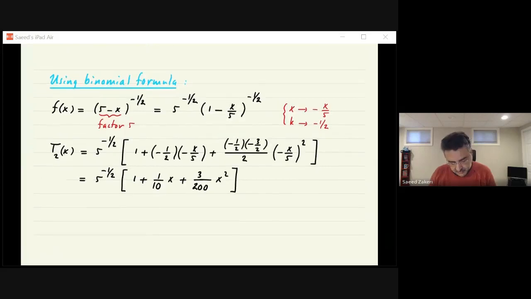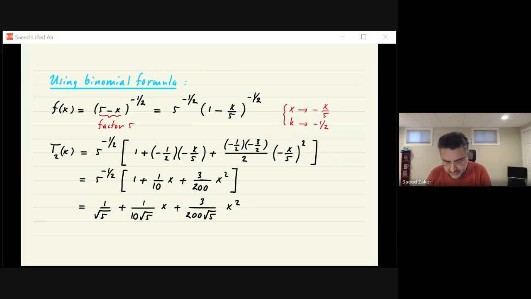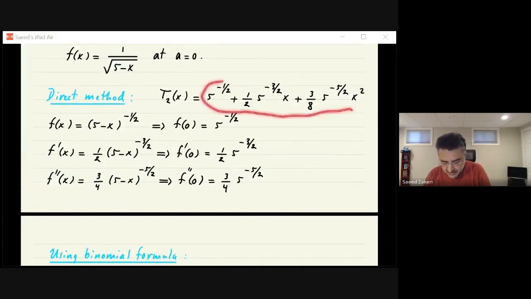So if you want, you can write this as 1 over root 5 plus 1 over 10 times root 5 x plus 3 over 200 times root 5 x squared. And that's your T2. Now, this guy is the same as this guy. They're just written in 2 different forms. This is in fractional powers of 5.